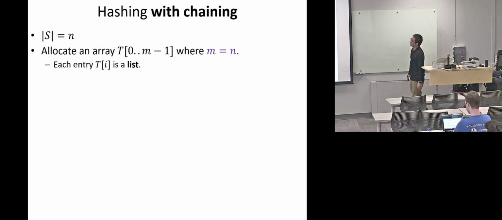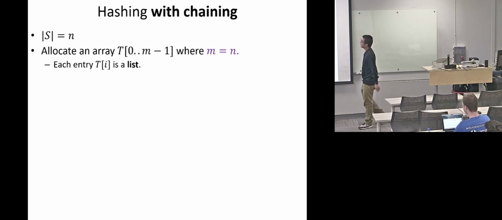You're going to see why. So what's the idea of this data structure? If the size of the set is n, and suppose you know this or can approximate it, let's allocate an array of size m, where m is n.